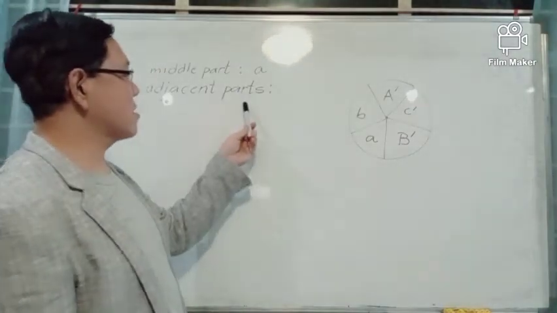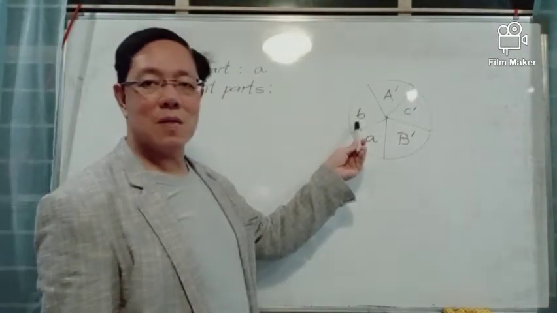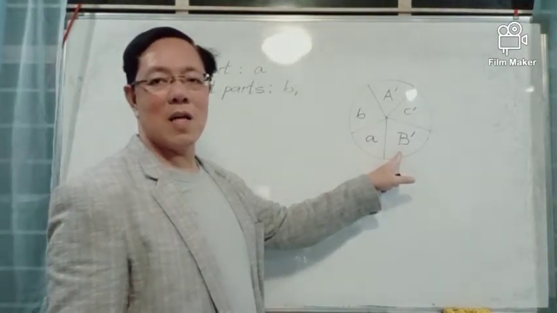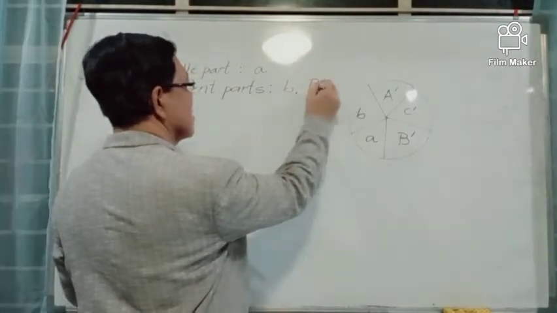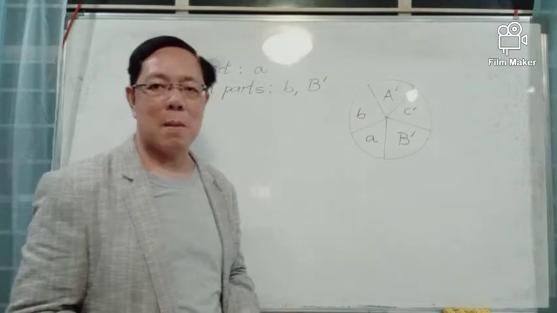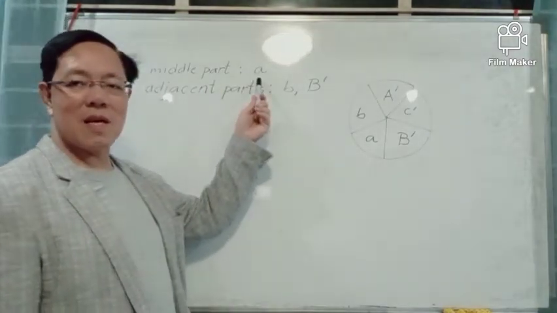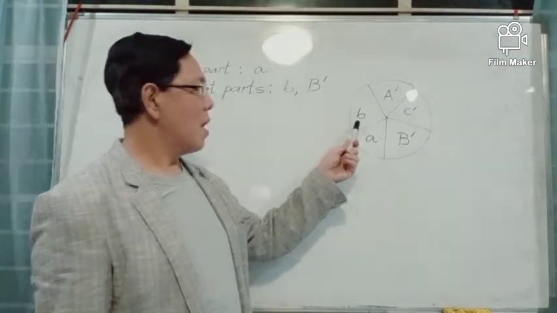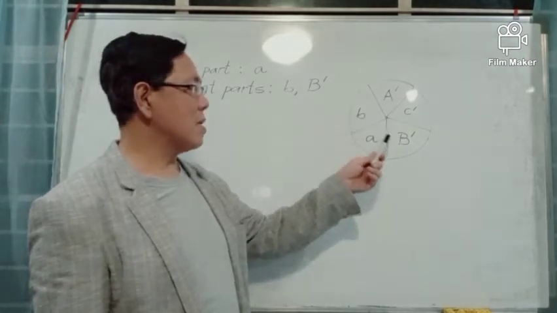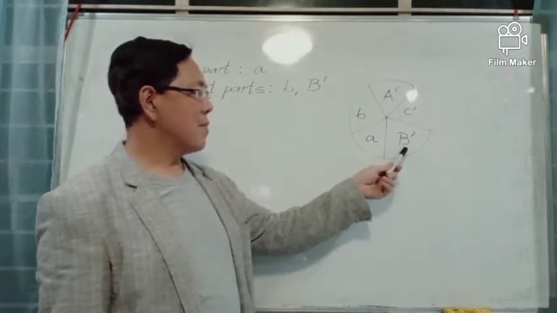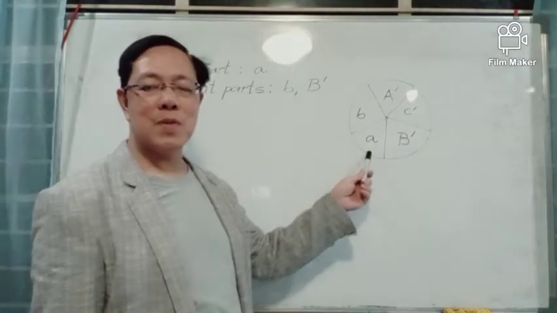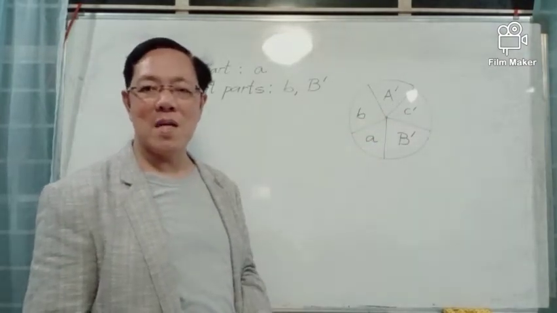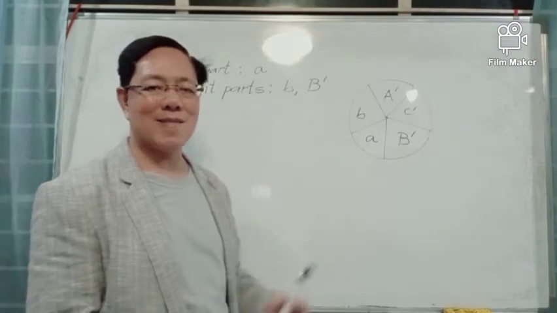So the adjacent parts of small a are small b and angle B prime or complement of B. Again, if we take small a as the middle part, the parts adjacent to small a are small b and complement of B because they are immediately next to the middle part A. And the two remaining parts will be the parts opposite small a.